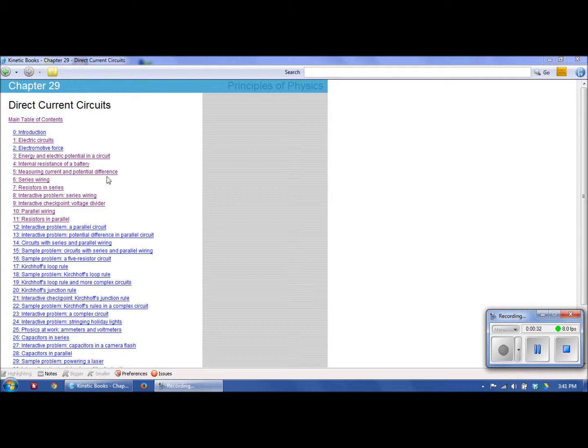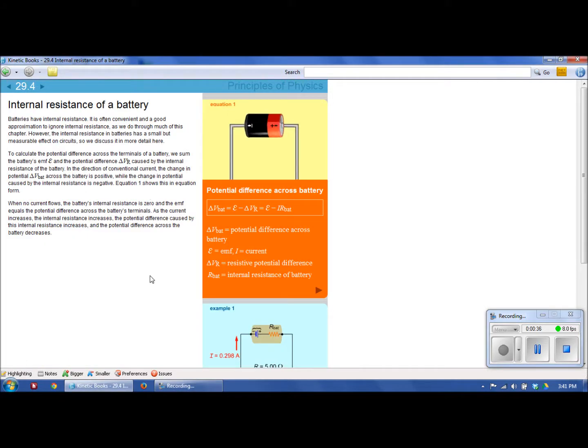One is looking at the internal resistance of a battery, because a battery produces this electrical energy, but there's a cost to it. The electrons, as they're given this energy, also it's not 100% efficient, so they give it off as heat. I have a video that I will play after this that shows that in a lot more detail.